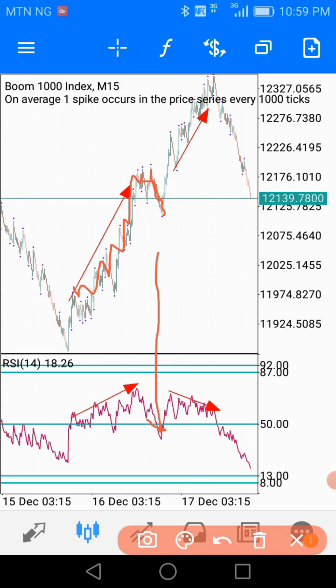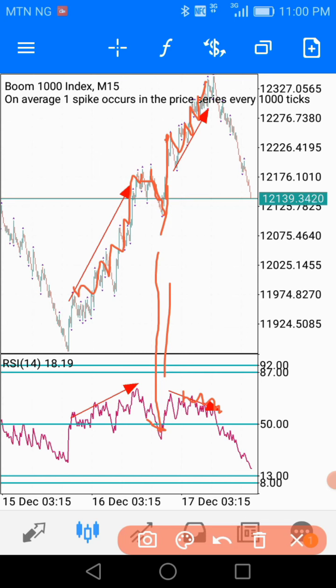Now when it continued this move, it made another high. One would have expected the indicator to also keep making the same high, since price is still making higher highs. But look from here down, what is happening? The indicator started making lower highs instead. Can you see that?